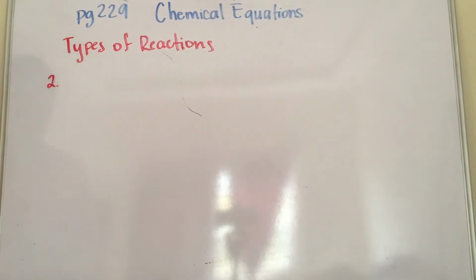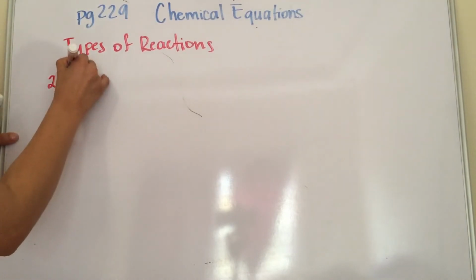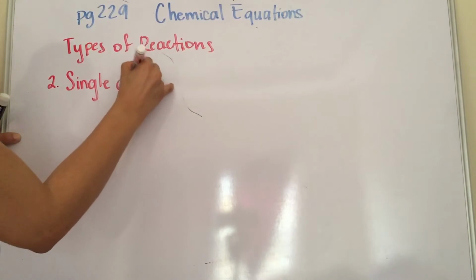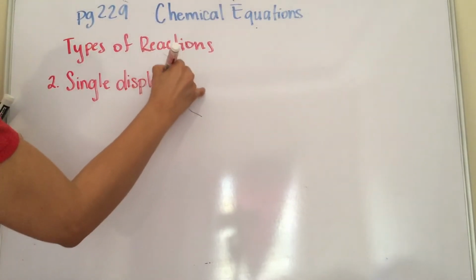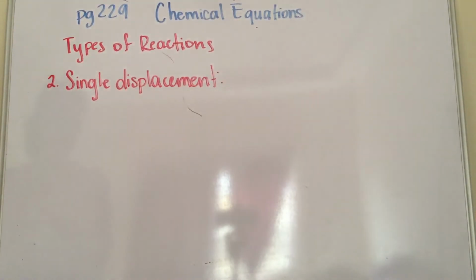Number 2, we have single displacement reaction. What does single displacement mean? I'm going to change one element for another element. If we have two metals, we change those metals. If we have two nonmetals, we change those two nonmetals.